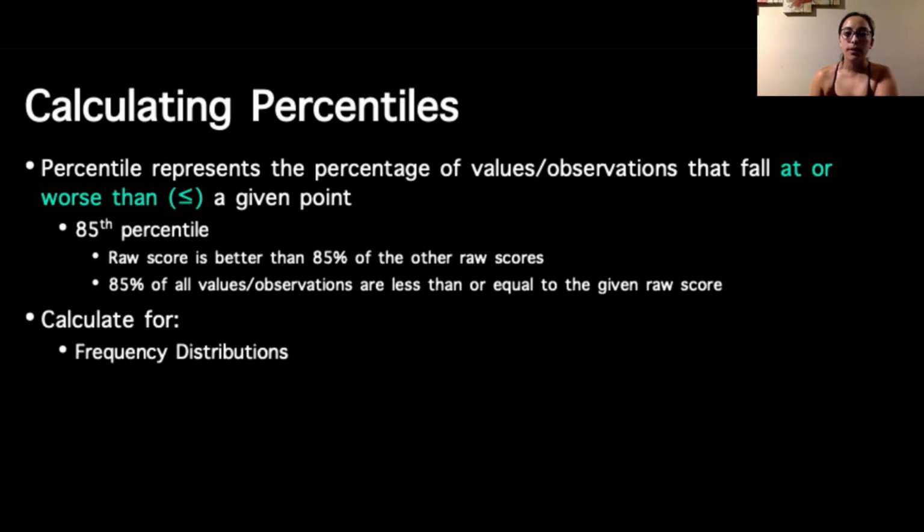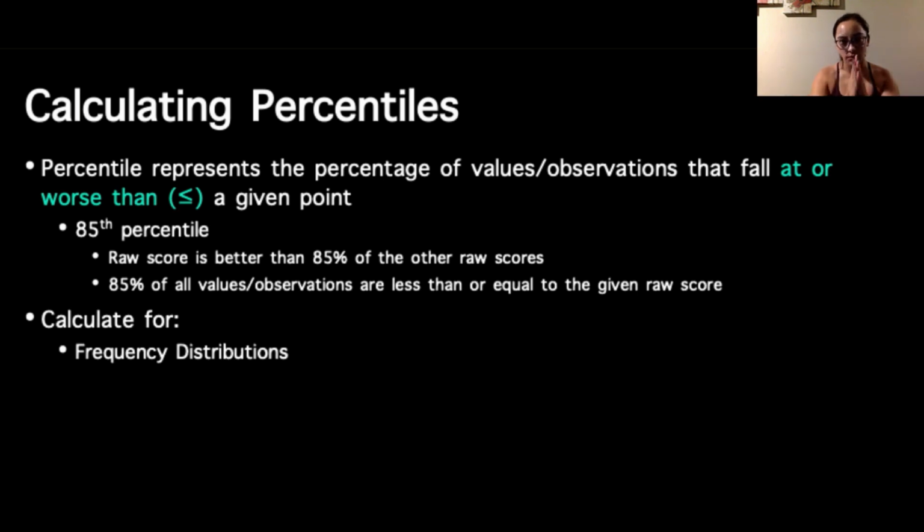We can calculate percentiles for frequency distributions, which we've constructed a little bit to this point. So we've looked at rank order distributions, where we have values that are set in a certain order, usually in whole number fashion. Simple frequency distributions are very similarly constructed to rank order distributions, so I haven't really made that clear distinction in your activities up to this point.